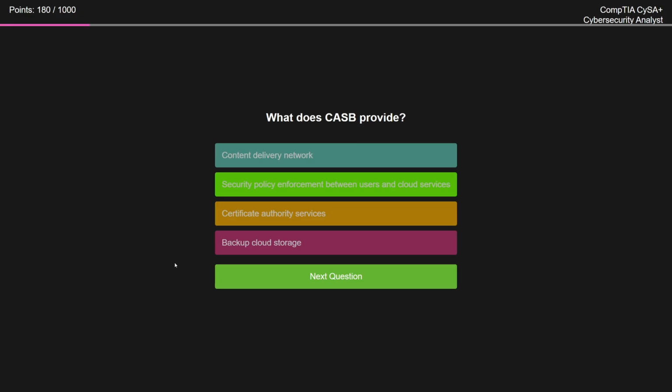It has nothing to do with the responsibility matrix, but more to do with the security, and how that security works between the users and the cloud services. Is everything secure between those two aspects? That's what CASB verifies: do you have policy enforcement in place? So that's for that. Let's go to the next question.